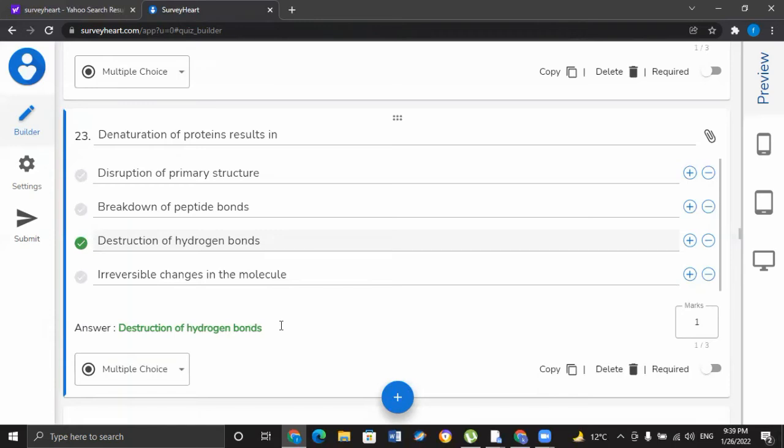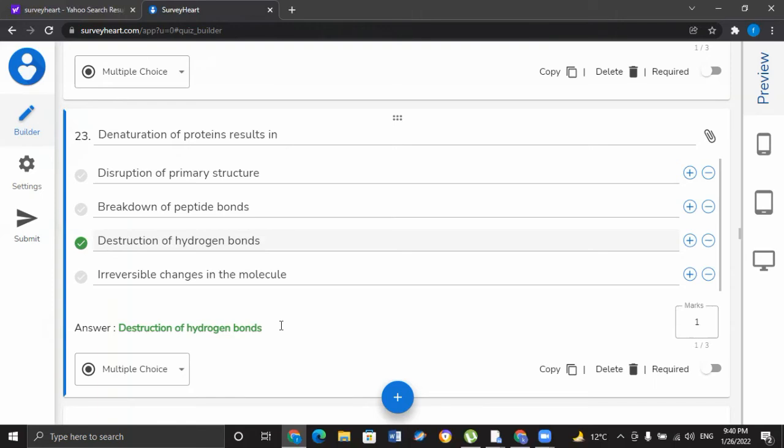Denaturation of protein is related to the destruction of hydrogen bond, resulting in unfolding and disorganization of the protein's secondary and tertiary structure.